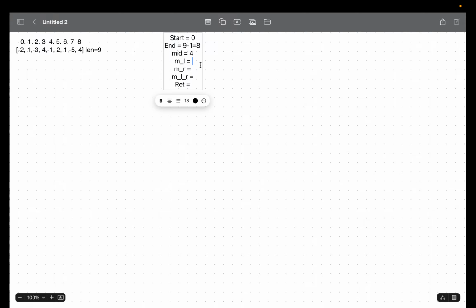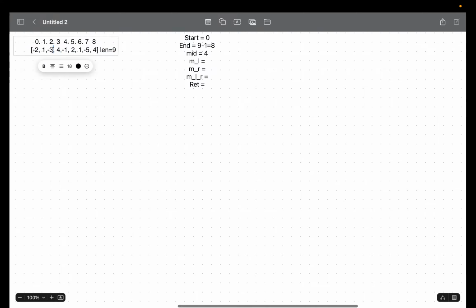Okay, let's go with left, max left. So I'm at this place, 4. So minus 1, 4, 3, and 0, 3, 1. Okay, so the max that I can get from here is this 4, 3. I am getting 3 as the max.